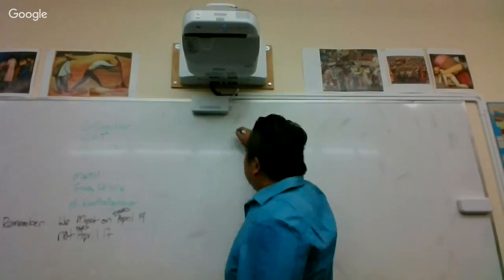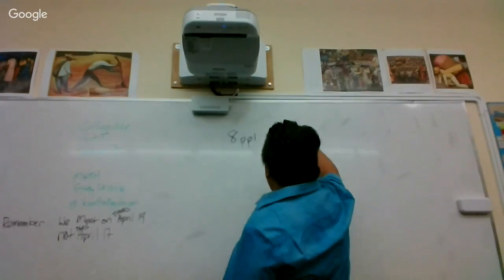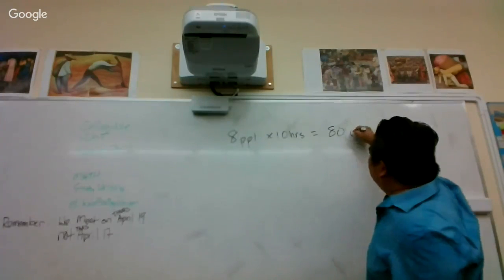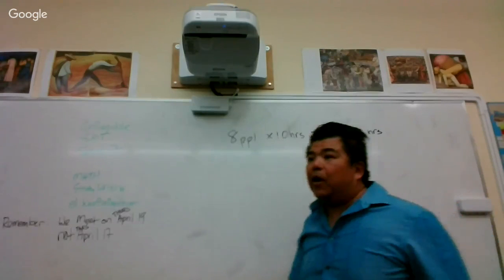So this project, if you were like the boss, what you're doing is you're multiplying how many hours you're paying out. You're paying 80 hours of work to get this project done. So 8 people, 10 hours each. That's 80 work hours that you're paying out as a boss.